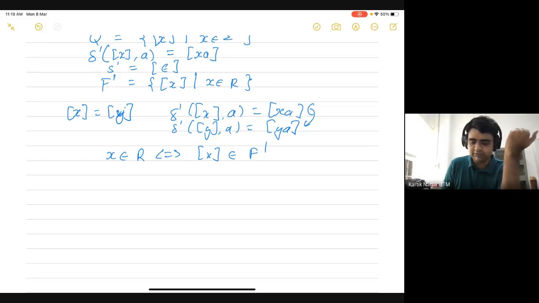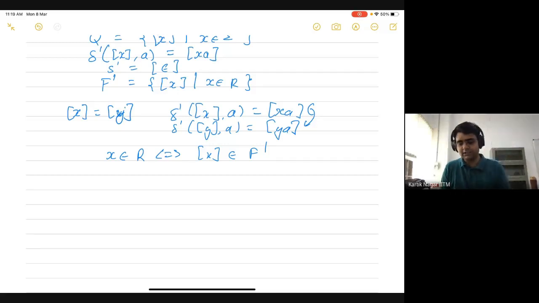Here, the left to right direction is very clear: if X belongs to R, then obviously its equivalence class is going to be in F prime. But how do we prove the other direction, which is that if the equivalence class of some string is in F prime, then the string is in R? Yeah, refinement gives that.